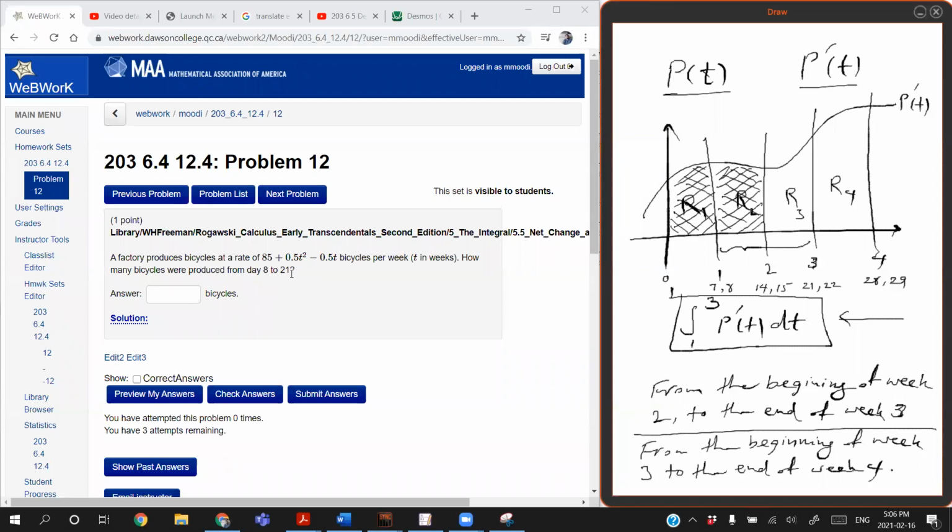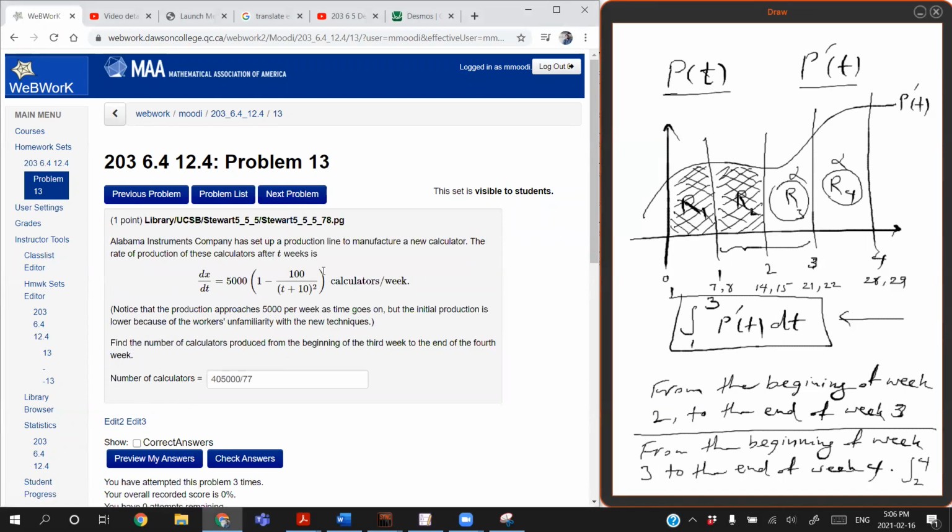Beginning of week 3 is here. That's week 3 and that's week 4. So if it says from the beginning of week 3 to the end of week 4, we are looking for the area of these two regions. So our integral in that case would be from 2 to 4.